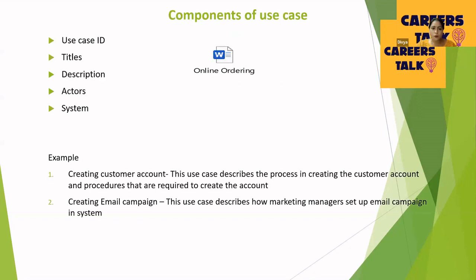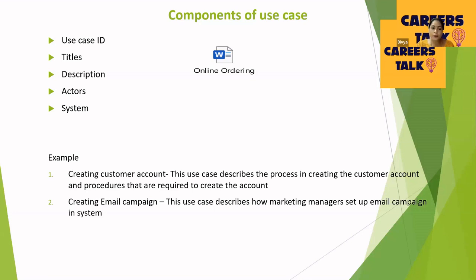So there are different components in a use case. That would be the use case ID. We will see all these things in detail in the template when we go through the template of the use case. The first one is the use case ID. As we already know, when we build a BRD or functional requirement document, every requirement has an ID, and that in turn falls into the functional requirement ID that it should be mapped to.